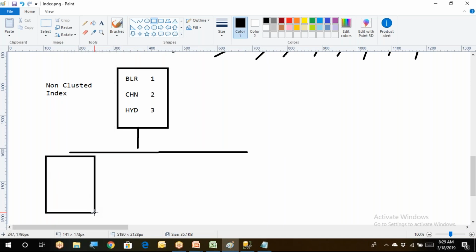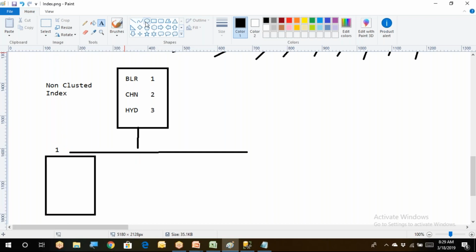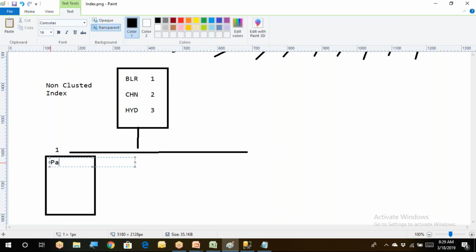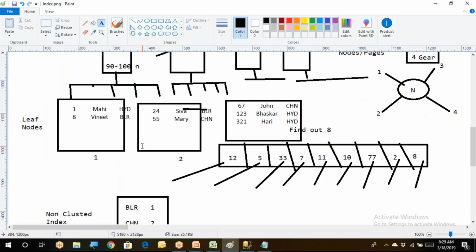Now I'm going to verify page number 1, which has a page number and a row number here. This is how the data will be organized. Now I would like to read the Bangalore data. So where is the Bangalore data available?